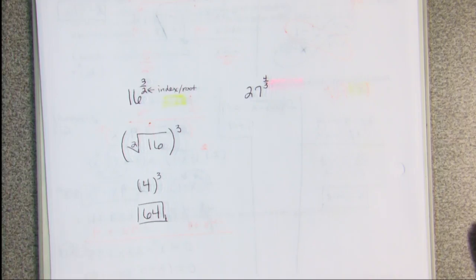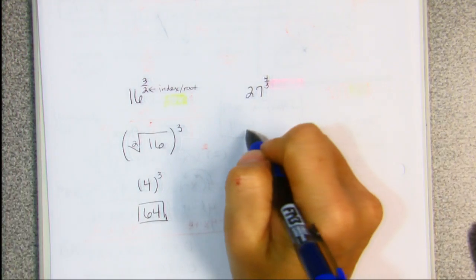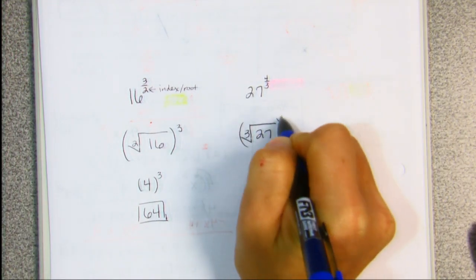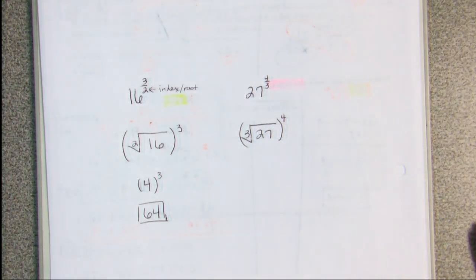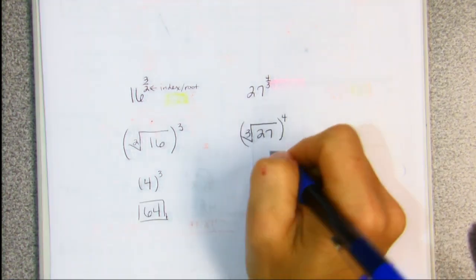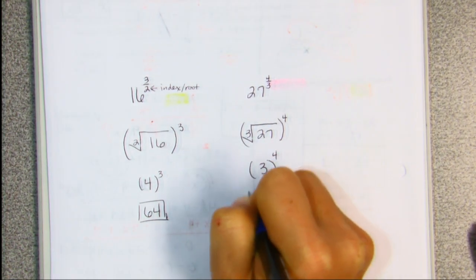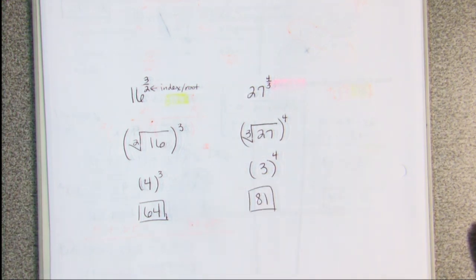We do have to understand how to convert those exponents to radicals, or radicals to exponents, like that. And this one would be like saying the cube root of 27 to the 4th power. And you may not have cube roots memorized, or maybe you do, but 3 times 3 times 3 is 27, so that'd be like 3 to the 4th power, and 3 to the 4th is 81. But that's just a concept review of something that you did learn a long time ago, you may have forgotten.